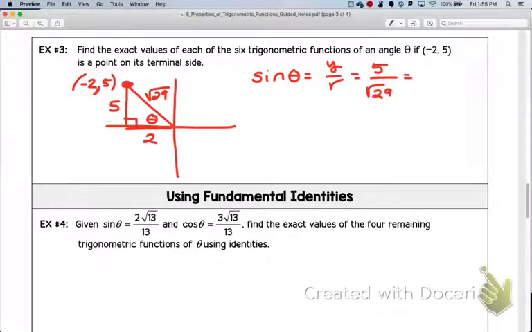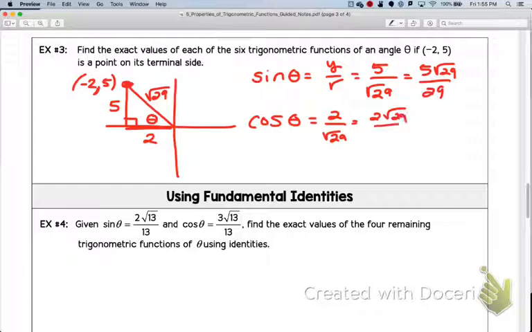If I were to rationalize that, 5 root 29 over 29. Cosine of theta is adjacent, so 2 over the hypotenuse, root 29, so 2 root 29 over 29. Tangent of theta is opposite over adjacent, so 5 over 2.